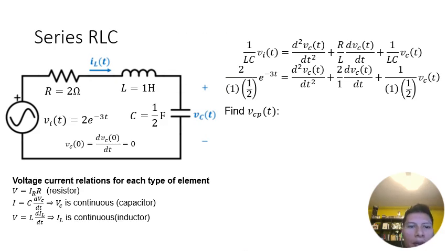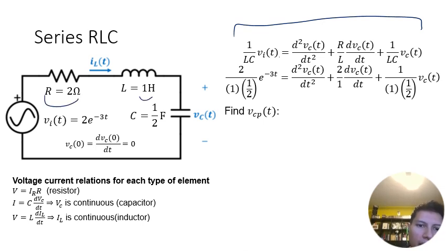Okay, so let's say we have this series RLC circuit, and here's the equation for it. We're told that R equals 2 ohms, L equals 1 henry, and C equals 1/2 farad.